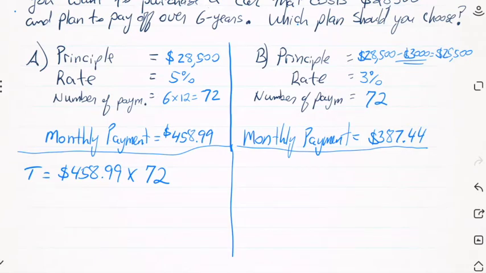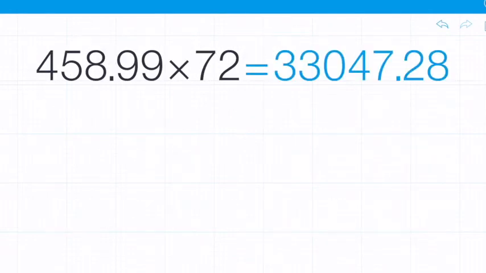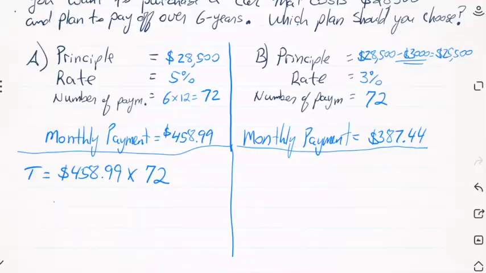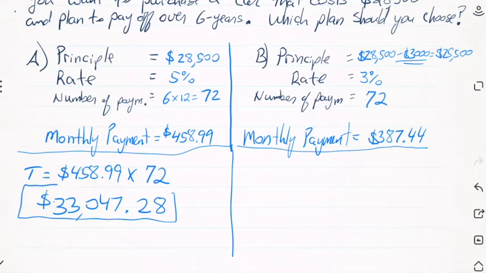This is all the money that came out of your pocket. So $458.99 times 72 is $33,047.28. Now, that's how much the car would cost under Plan A.